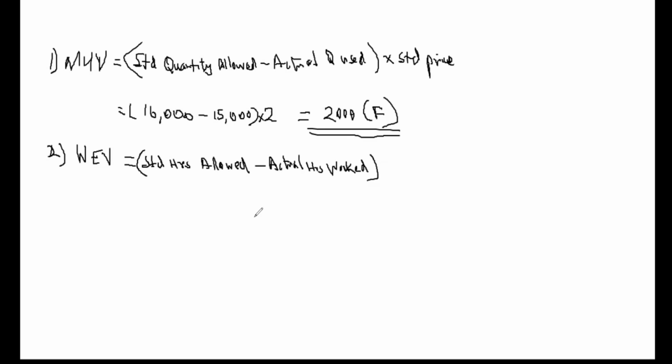Allowed can be taken as the budgeted one, and worked is the actual, the one actually performed. So in this formula of mine, wages efficiency variance, is it actual hours worked or actual hours allowed?